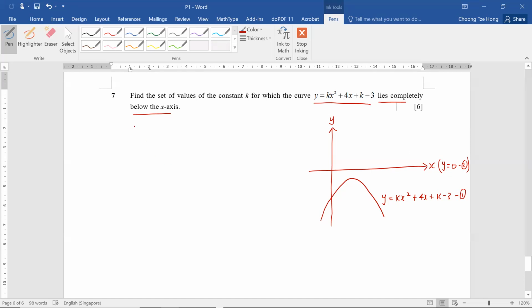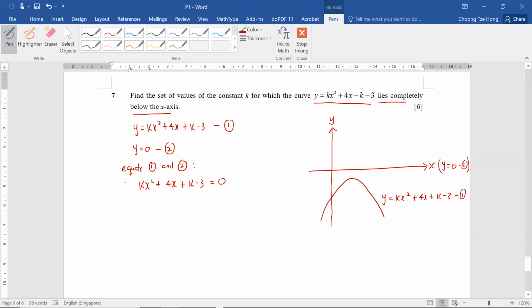We write kx squared plus 4x plus k minus 3, let's call this equation 1, and the x-axis, the equation y equals 0, let's call it equation 2. When we equate 1 and 2, we get this equation equals 0. When we try to solve this equation, we should not be able to get any real roots.